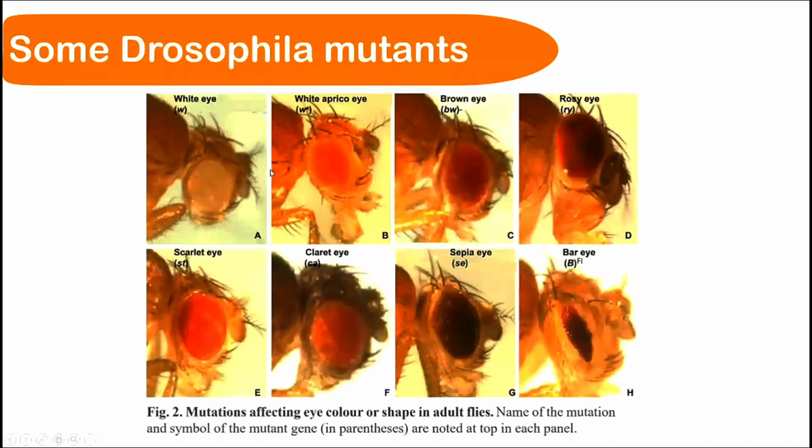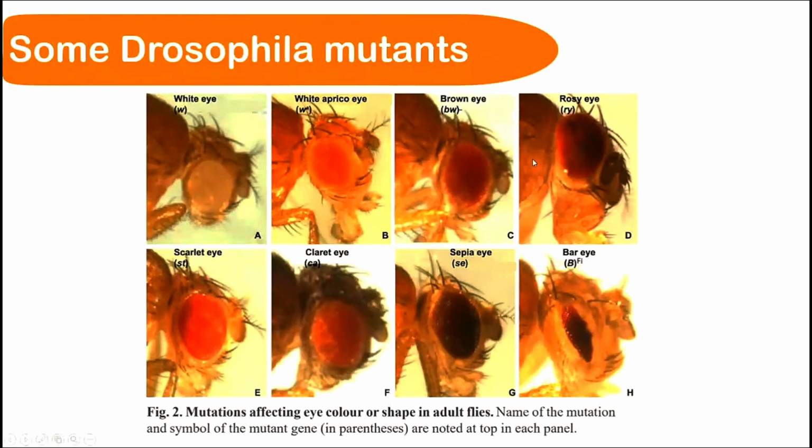Now if you go here, this is a white eye mutant. Depending upon what phenotypic aspect has been affected, you call it that particular mutant. Then there is white apricot eye mutant. Then this is brown eyed mutant, rosy eye mutant. Sometimes this is difficult because there are only few little variations in the color.